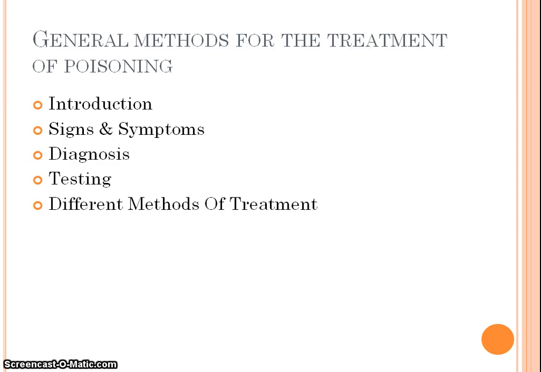We had already covered all the details associated with introduction, signs and symptoms, diagnosis, and testing in our previous video lectures. Now this lecture deals with the different methods of treatment and prevention for poisoning.